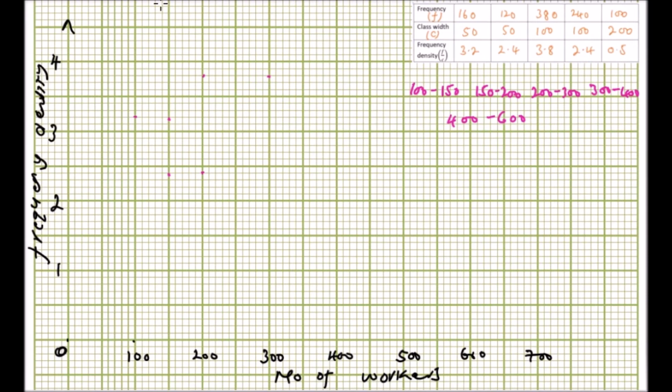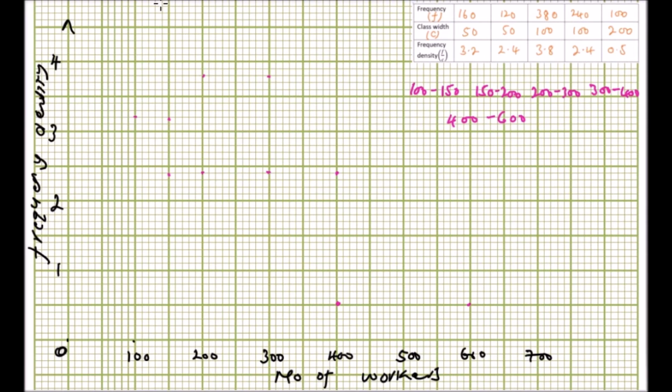So this is where we have 0.4, from 300, it is there, and we put it there. Then from 400 to 600, it is 0.5. So this is where we have our 0.5. So those are the points where we are going to make bars to represent the histogram.